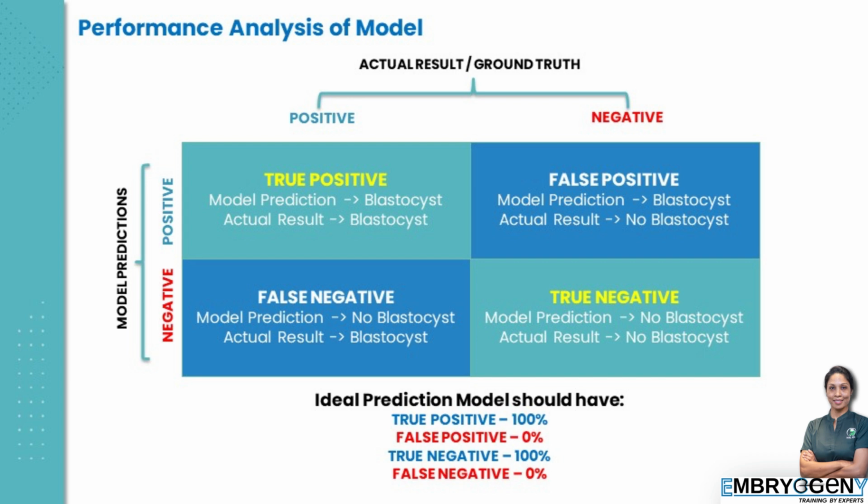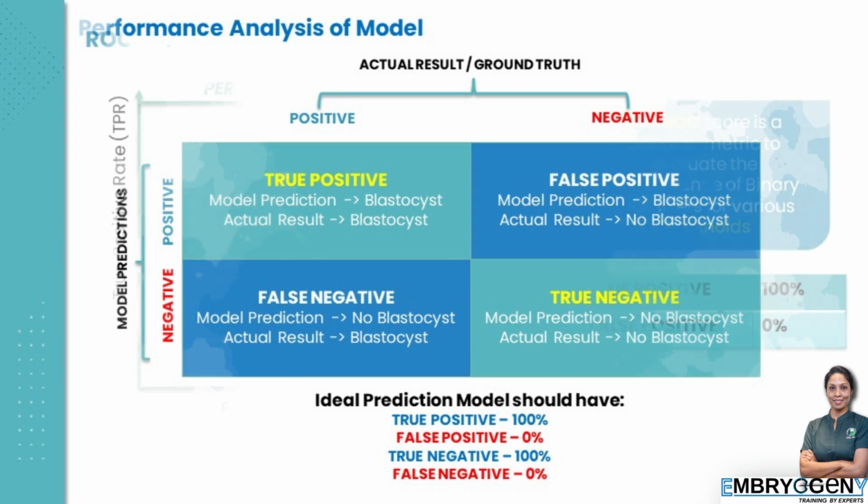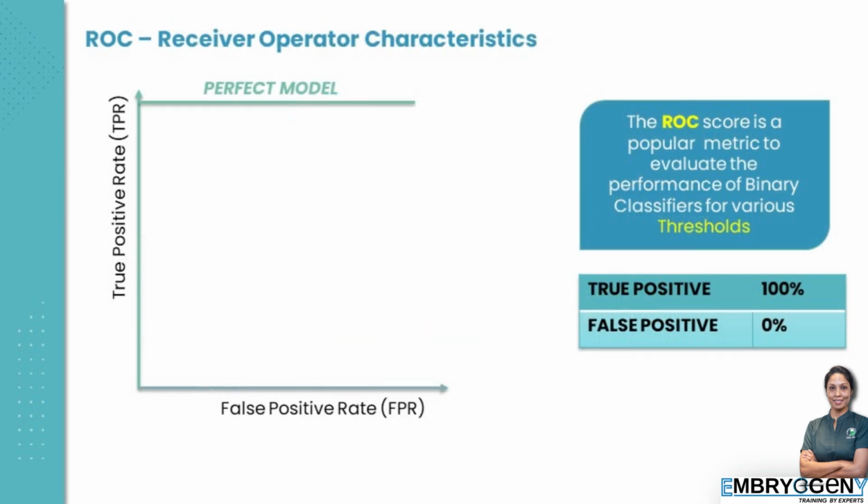So a brief slide on terminologies like true positive, true negative, false positive, etc. An ideal prediction model should achieve 100% true positive, 0% false positive, 100% true negative, and 0% false negative, meaning the prediction model should predict 100% of the time that the oocyte will make a blastocyst, when it actually makes one, and so on. With this, we move forward to defining receiver operator characteristics, or ROC.